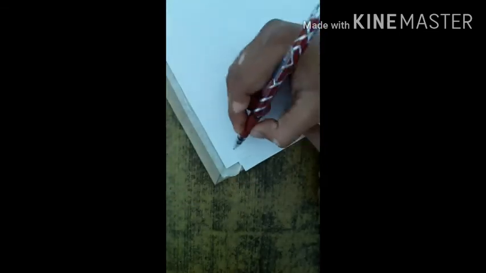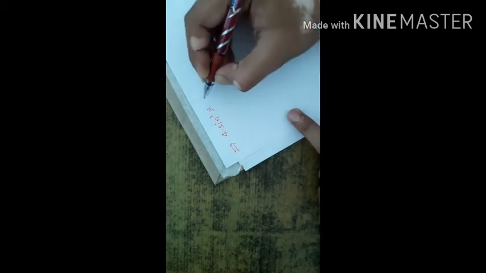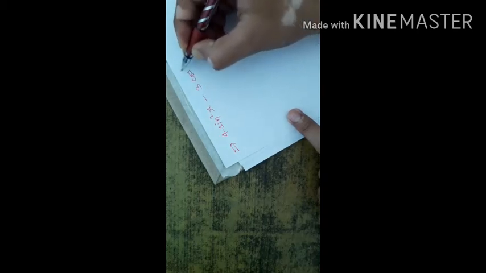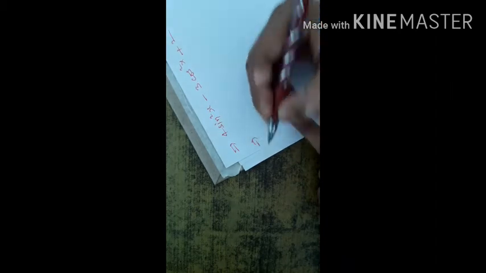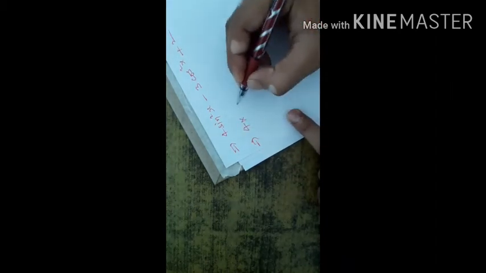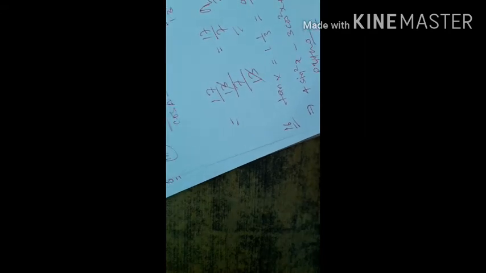Okay. So now we have to find the value of 4 sine square x minus 3 cos square x plus 2. So from here, what will be the value of sine x? Sine x is equal to perpendicular upon hypotenuse, that means 4 upon 5.